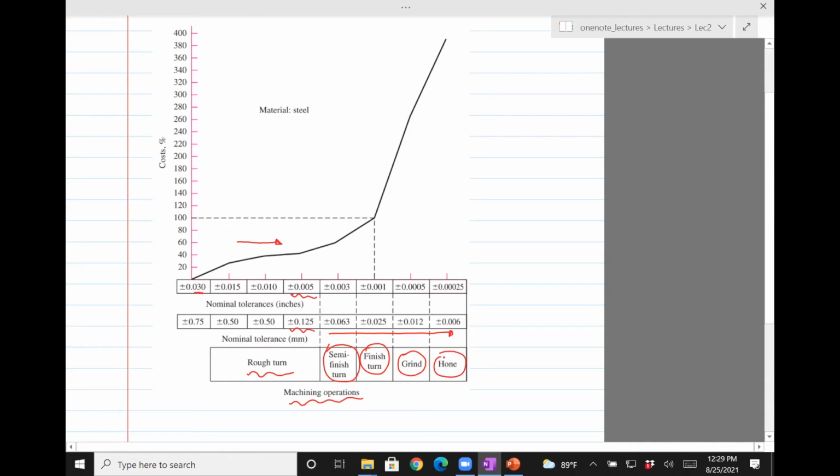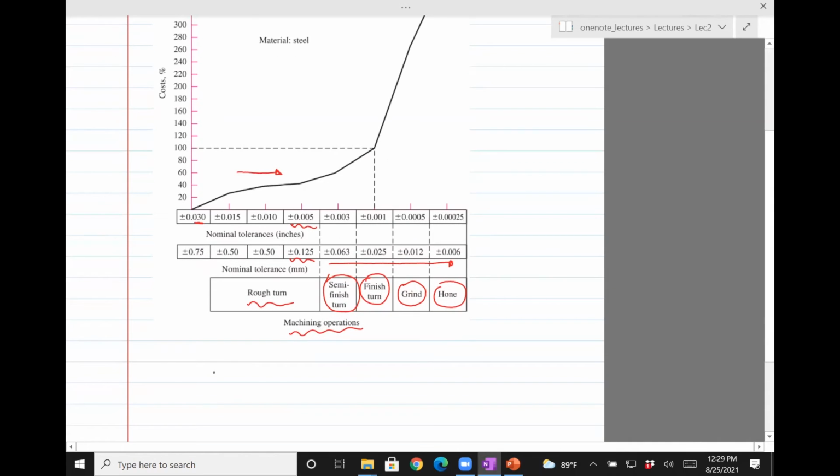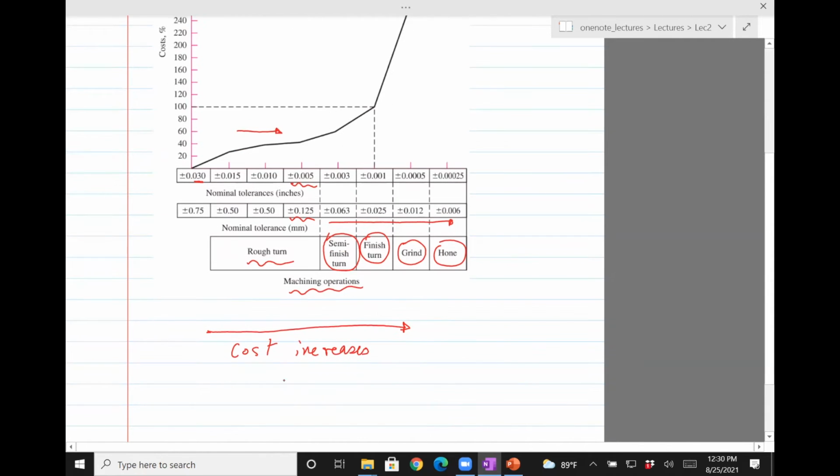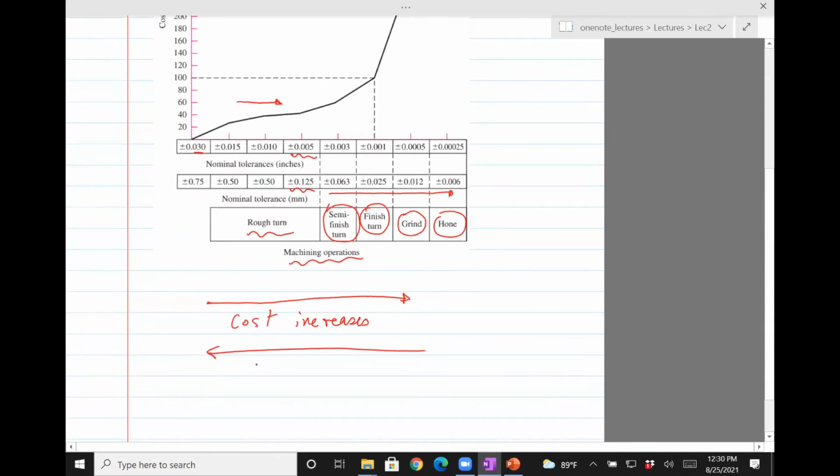And so on the left side you'll have cheaper parts, and on the right side you'll have costlier or more expensive parts. So cost increases as the tolerance decreases. Okay, so that is kind of important.